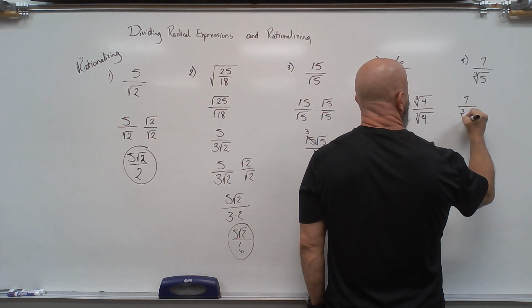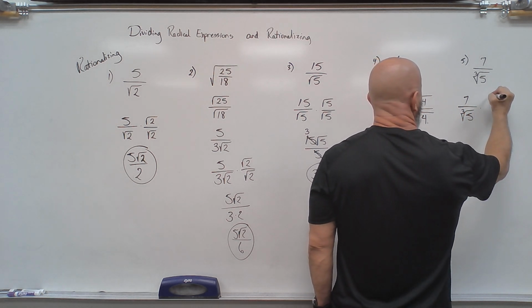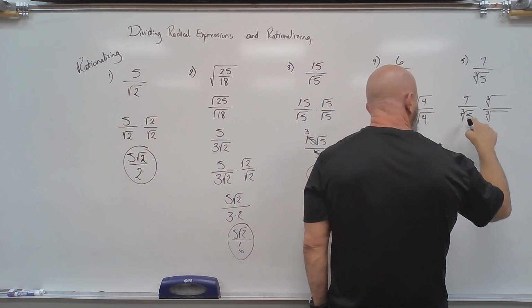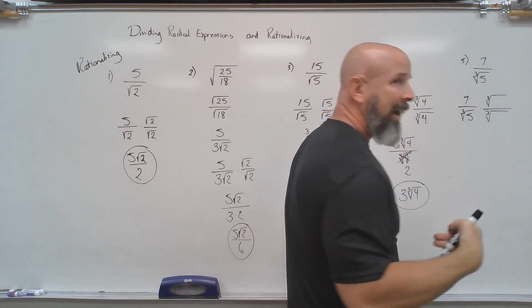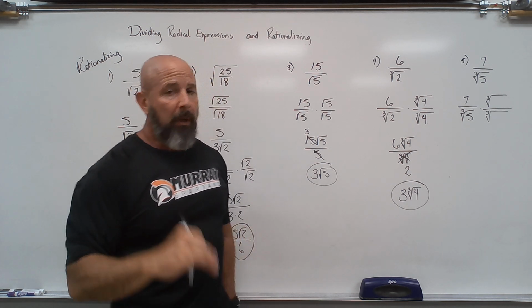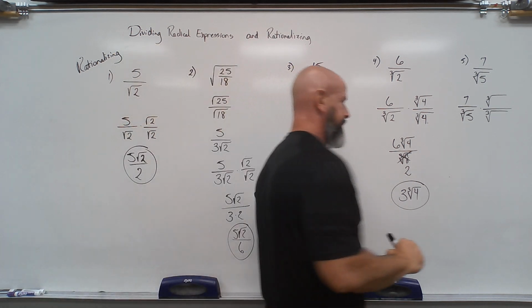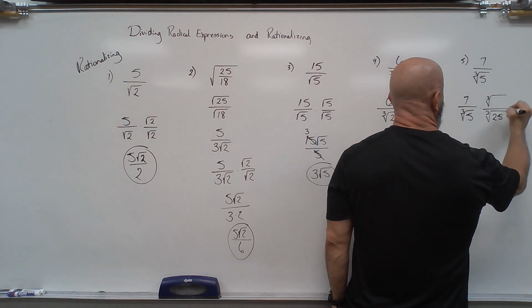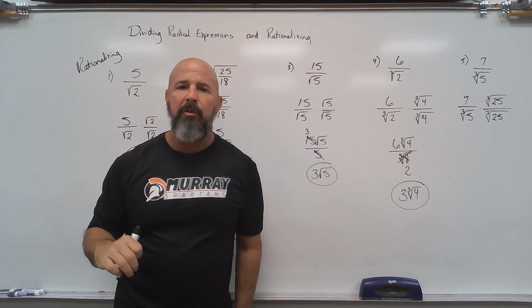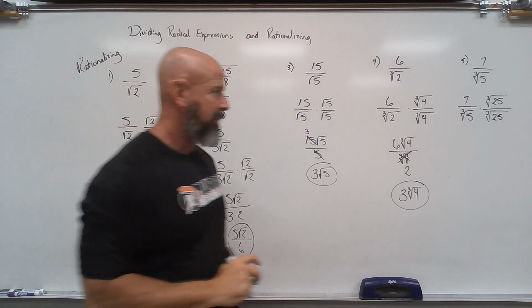So I'm going to have to figure out what to multiply top and bottom by. I know it's going to be a cube root. And I want just a 5 in there. Right, so 5 cubed is 125. That means I'm going to need to multiply by cube root of 25. That's going to give me the 125 down there I wanted.